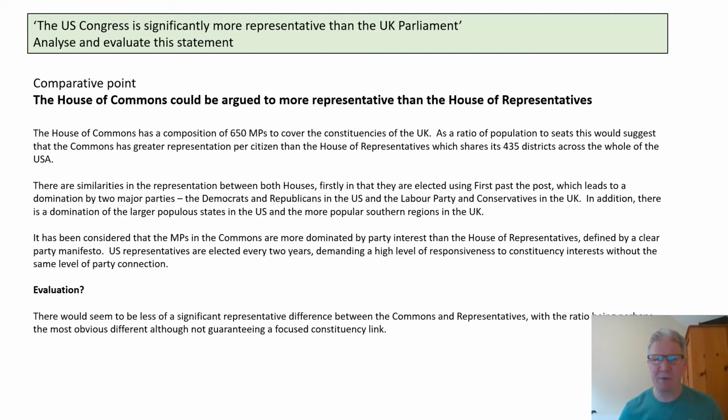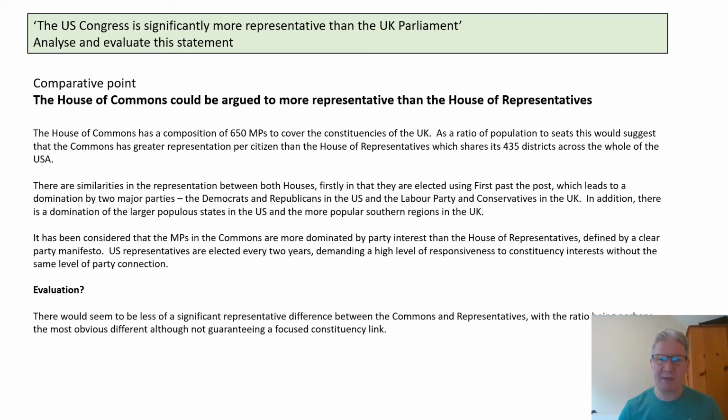They use the first past the post system, and therefore there's domination by the two major parties, the Democrats and Republicans in the United States, the Labour Party and the Conservatives in the UK. And the larger states, because they're reflecting population, dominate the House of Representatives, similarly to the way in which southern regions of the UK, which are more populous, dominate the House of Commons.